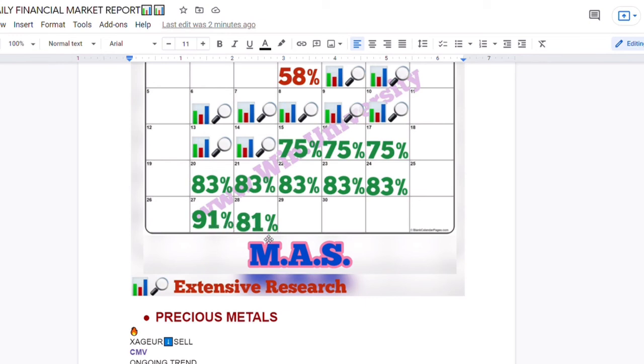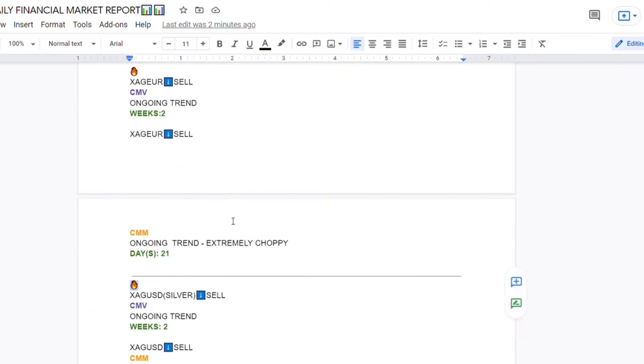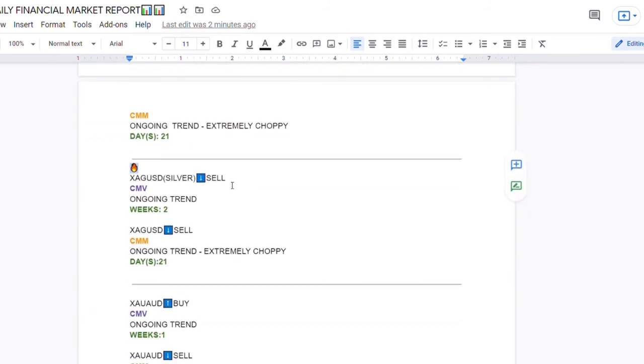Now I want to also mention this. You see the alignments are both sells. So that means you could make money selling that. Now, from the outside investor, when I say outside investor, I'm talking about somebody who's not using the system. They might be buying silver, and that's not good for them.